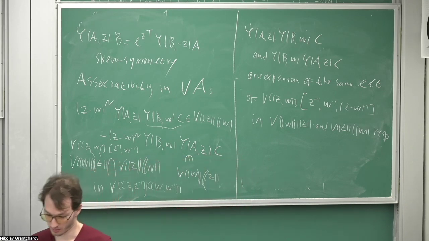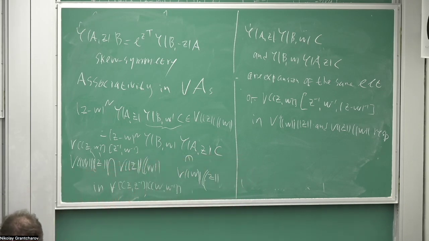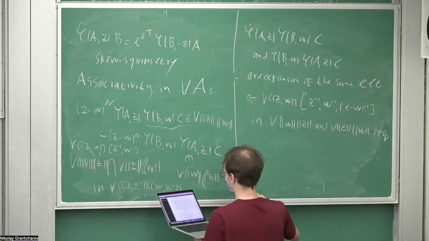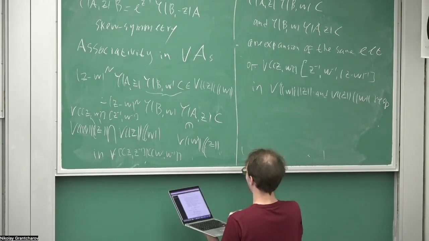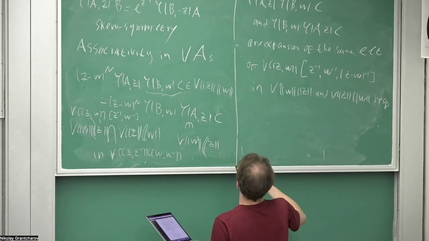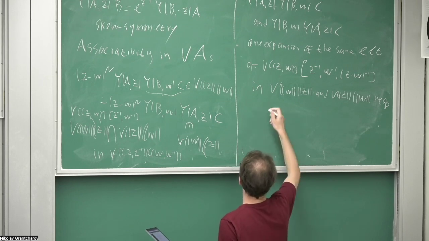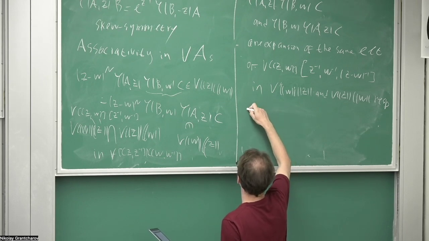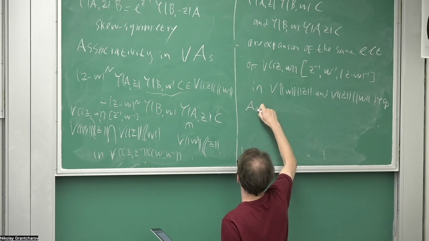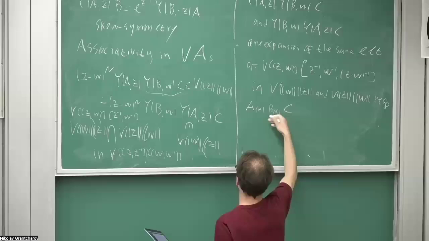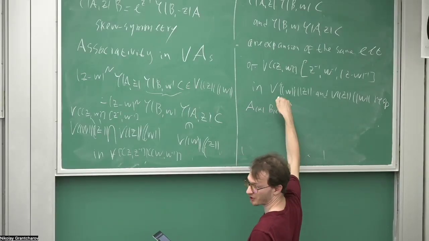Now the statement that you have to prove, and which we will not prove, is associativity. It connects expressions of the type Y(Y(a,z-w)b,w)c, which has brackets on the left.